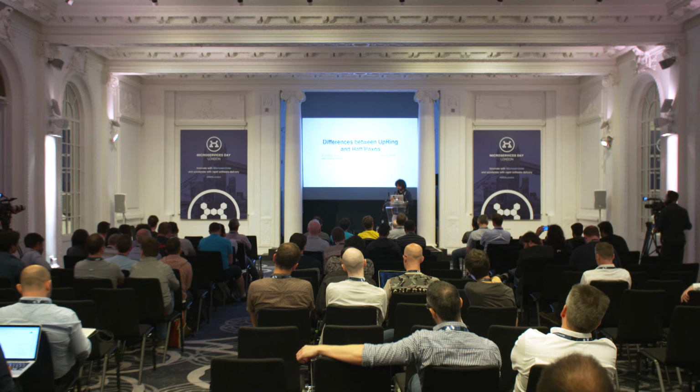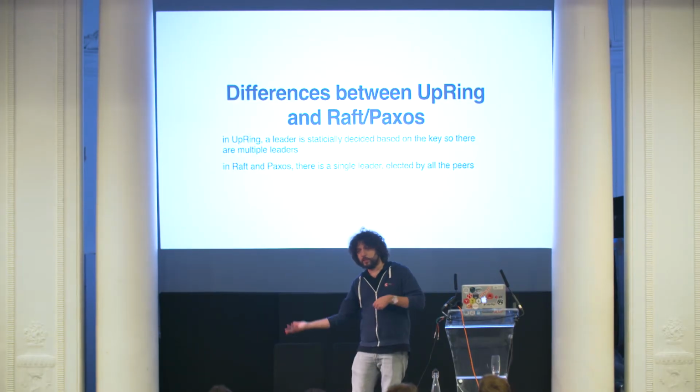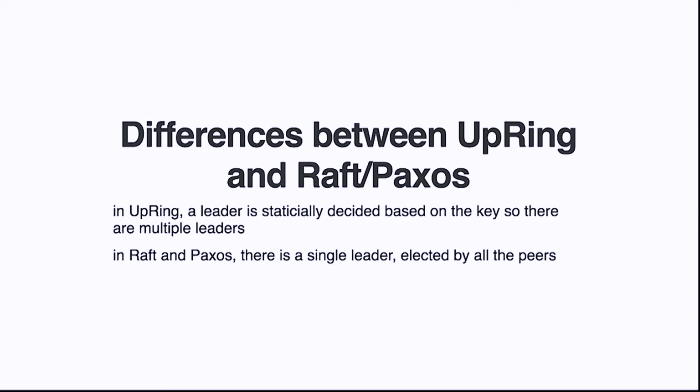One of the major points is that in UpRing, the leader for a specific key is statically decided based on whoever else is available on my network. In Raft and Paxos, the leader is elected. So there is one single leader, or multiple leaders in the case of multi-Paxos, elected by everybody, and that's always the same guy for all the keys. So in one case, everybody writes, and in the other case, there's only one elected.